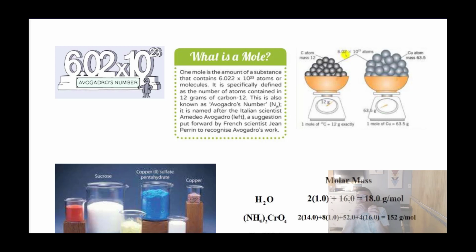It just depends on what substance we're talking about. The mole itself, just like a dozen represents 12 things, the mole just represents a really large number of things. The specific number that represents a mole is Avogadro's number. It's 6.02 times 10 to the 23rd. And this is how many items are in 1 mole.